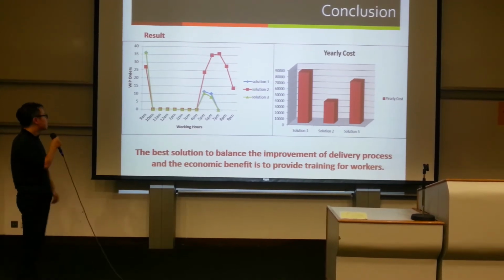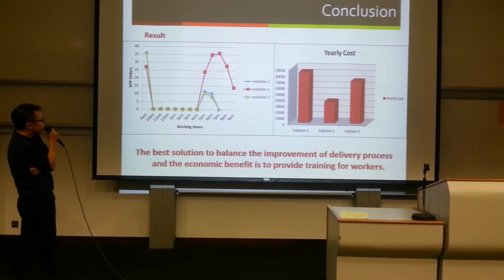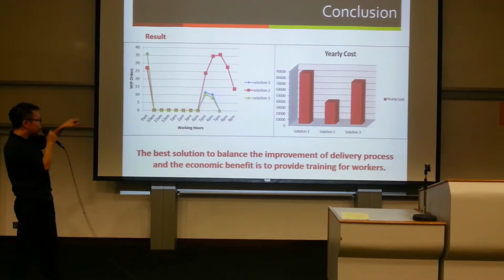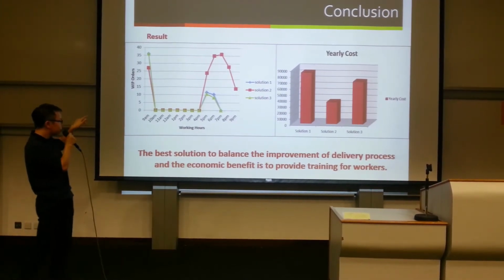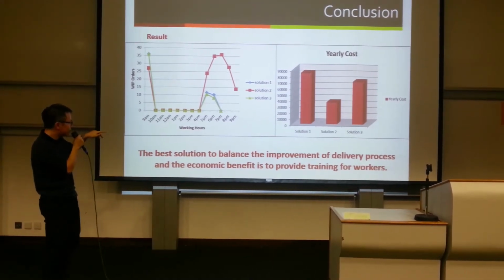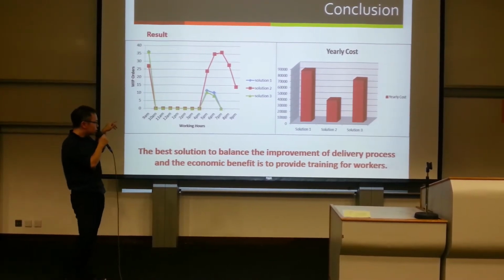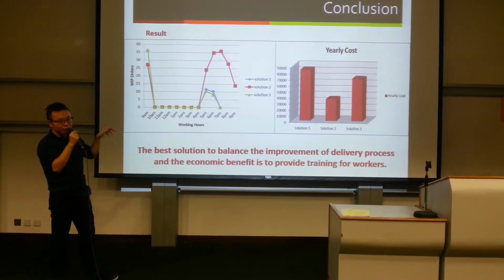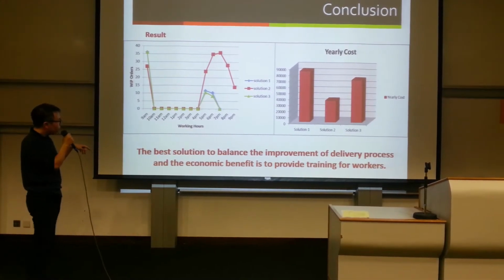Okay. But if we look at solution 1 and solution 3, we can find that both solutions can perfectly solve our problems, as the unfinished orders at 7 p.m. are about 0.